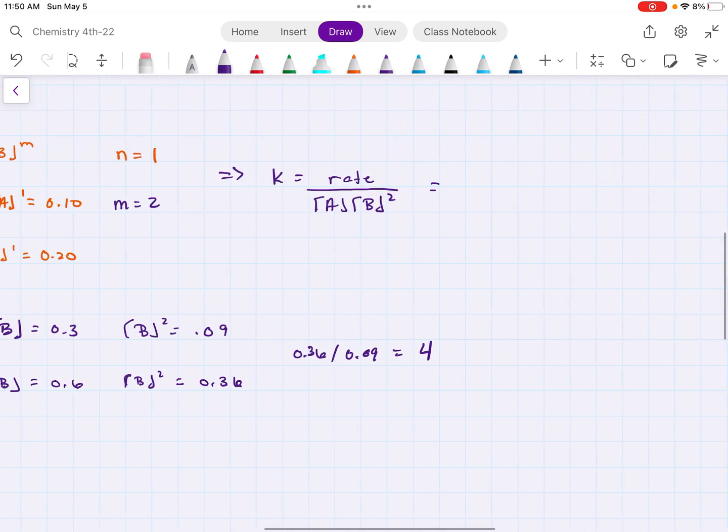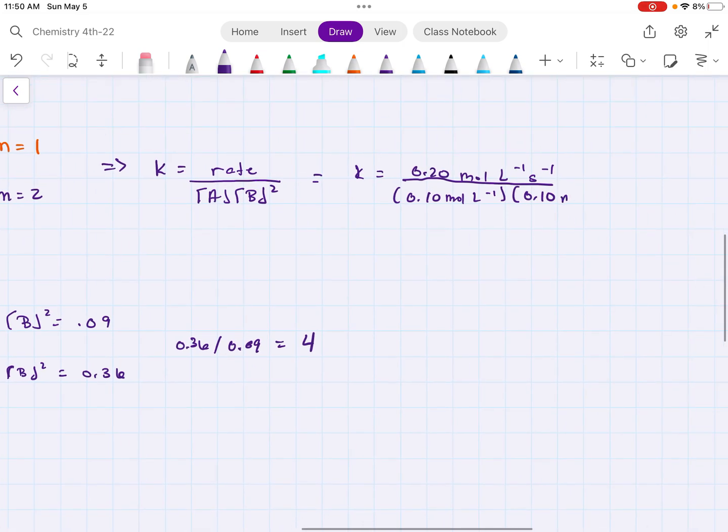So we're going to say that K is then equal to 0.20 moles liters minus 1 seconds minus 1. Then I'm going to divide that by the molar concentration, 0.10 moles liters minus 1, times 0.10 moles per liter minus 1. Then I'm going to square that.